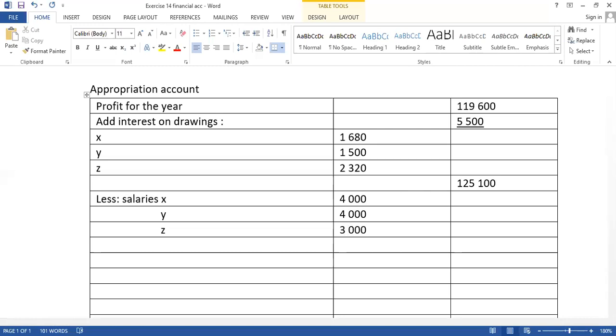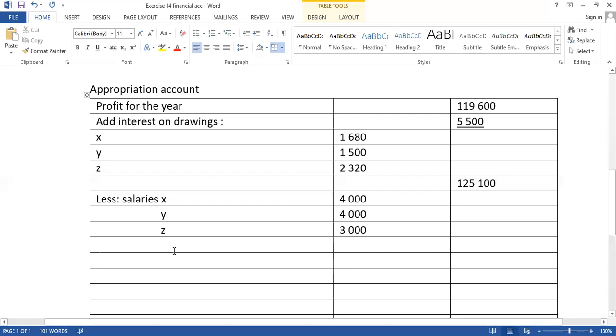And what are we told next? After we recorded our salaries, let's go back to the exercise. Now we are done with salaries, right? So we are told that there is a bonus of 10% of the profit after the interest and salaries have been taken into account.